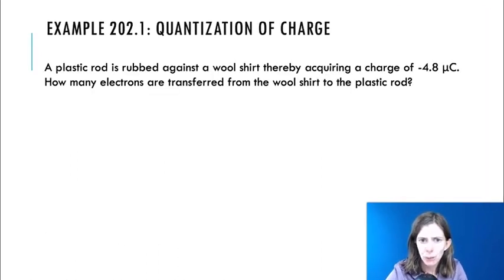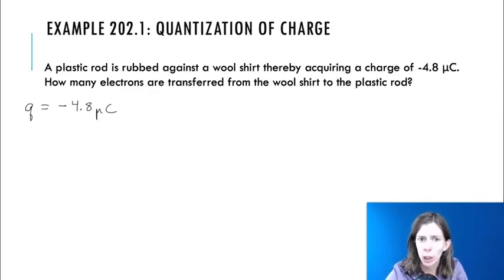So think about what variable that you're going to write down for this negative 4.8 microcoulombs. You never just want to write a number, you always want to write down what the variable is. And we defined the variables in video 202. So go ahead and write down the variable, which hopefully you wrote down Q. Q stands for charge.